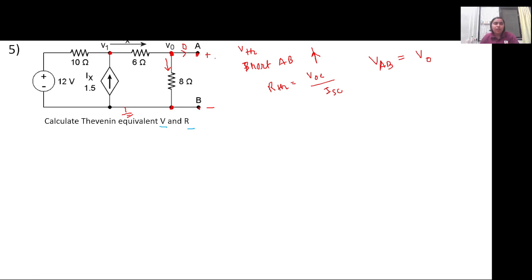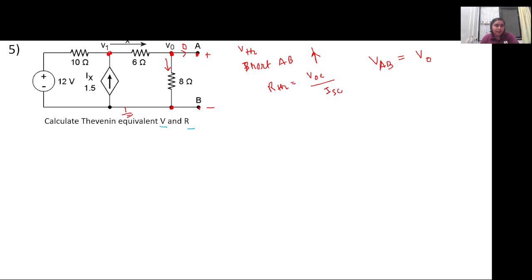We will apply a KVL equation across this loop, and let's see how many unknowns we have. Since we have V1, V0 and Ix, we will look into the unknowns, and eventually we will see whether we have to apply KCL at the nodes to calculate them.